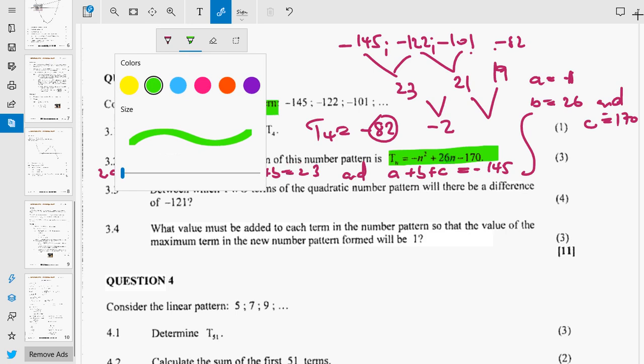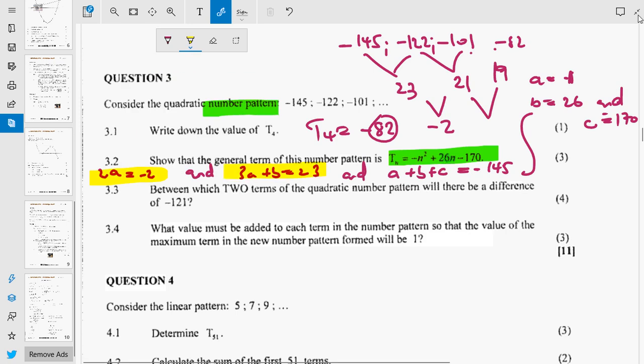So that is by solving these equations. Very straightforward equations. Okay, now 3.3 is a little bit tricky and requires quite a bit of thinking.